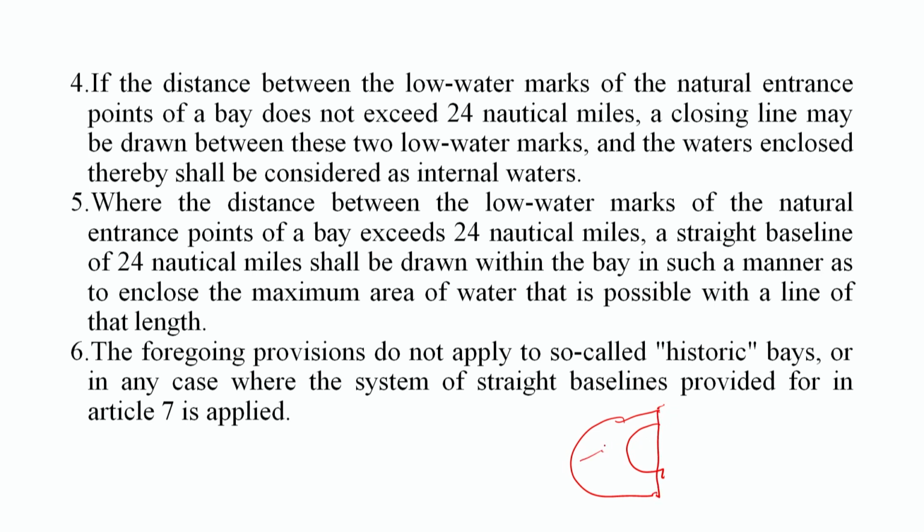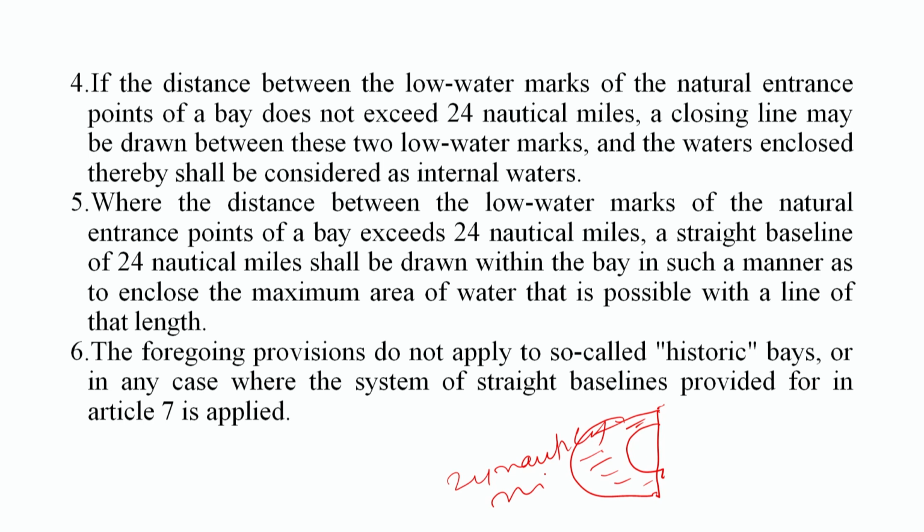So all this will be the internal water area, and this is less than 24 nautical miles. So what it says is, where the distance between two low water marks of the natural entrance points of the bay exceeds 24 nautical miles, a straight baseline of 24 nautical miles shall be drawn within the bay in such a manner as to enclose the maximum area of water that is possible with a line of that length.